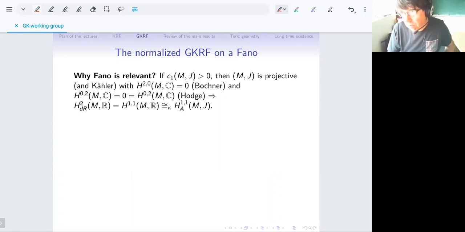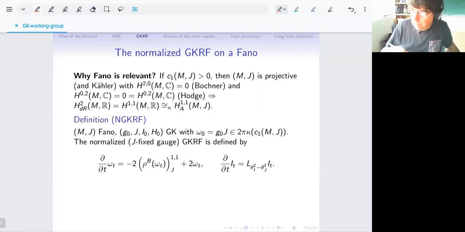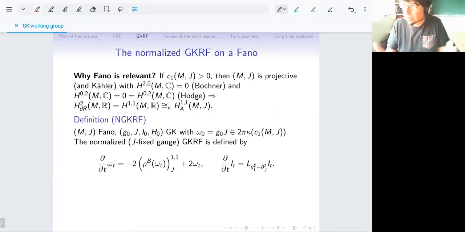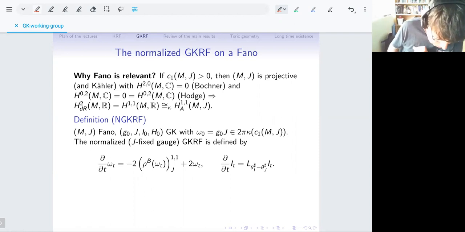Well, that's not immediately clear, but you use the dd^c lemma to show this. So this kappa is an isomorphism. So essentially this whole discussion about Aeppli classes can, again, in this Fano case, be reduced to the usual discussion in the Kähler situation.